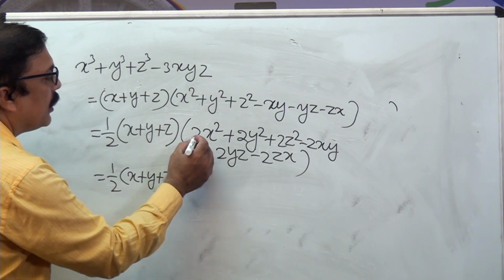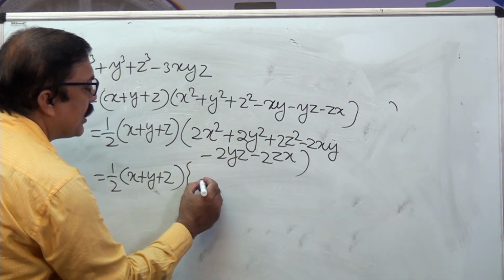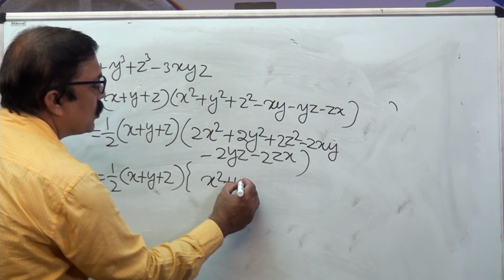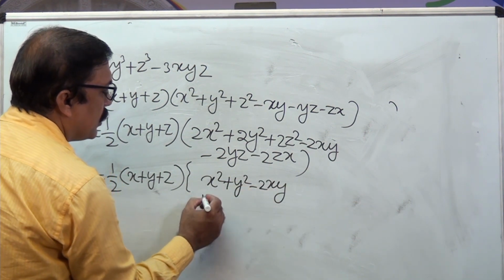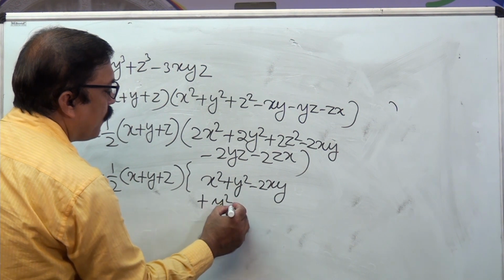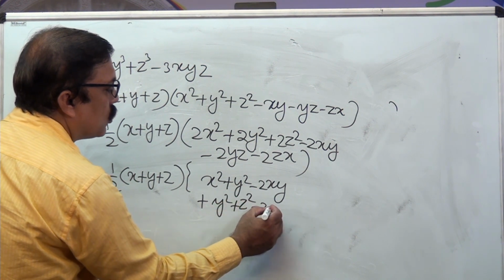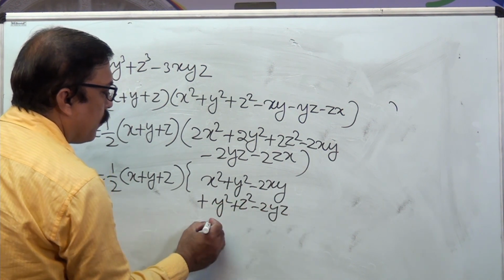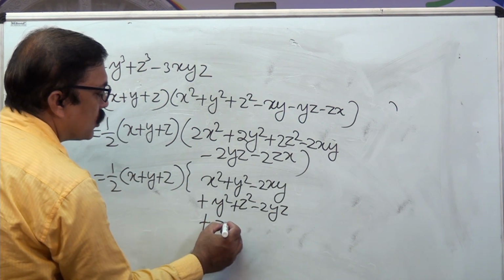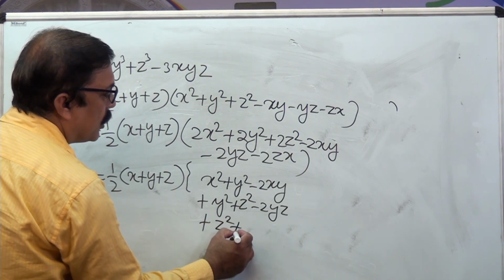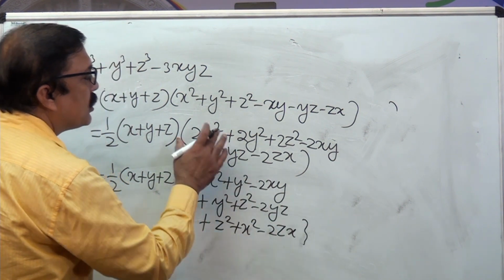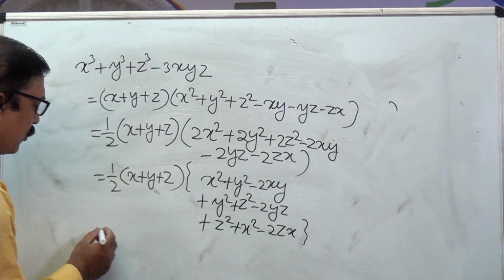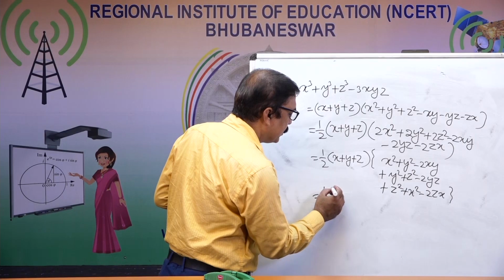Then here we can rearrange this as x square plus y square minus 2xy plus y square plus z square minus 2yz plus z square plus x square minus 2zx. Just rearrange this, we will get this one. Then what happens?